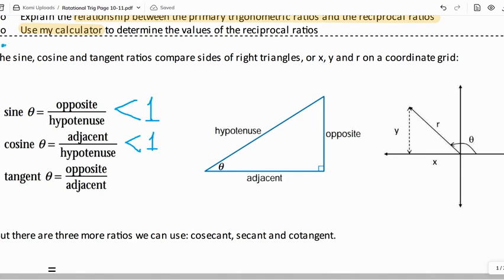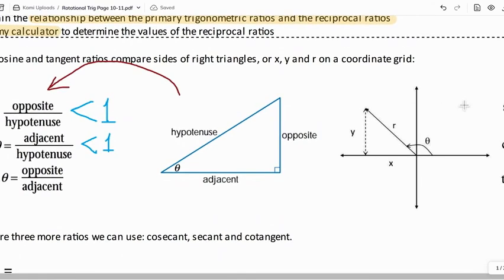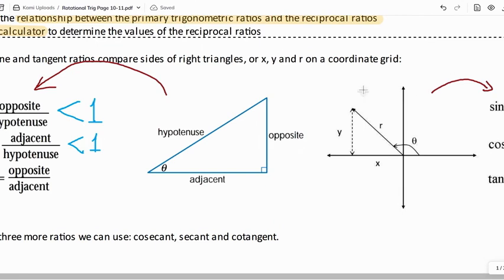So when we're doing trigonometry with a triangle, we'll use these formulas, right? If I have a triangle, I'll say opposite, adjacent, hypotenuse. However, as we've learned in lesson 2 maybe, when I'm working with rotational trigonometry, when I have a terminal arm and I have a point on that terminal arm, I use these formulas, right? So I take that point on the terminal arm.